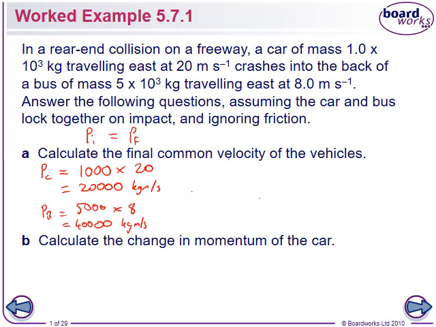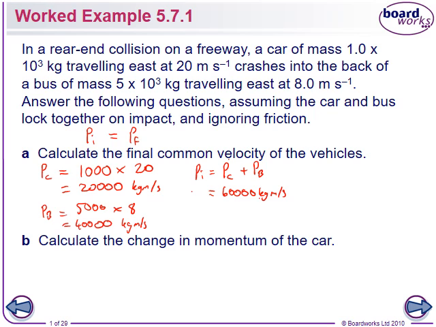So our initial momentum, prior to the collision, we need to look at everything involved in the collision and take the momentums of those. So our initial momentum is going to be the momentum of the car plus the momentum of the bus, all before the collision. So it's 20,000 plus 40,000, so we have 60,000 kilogram meters per second.